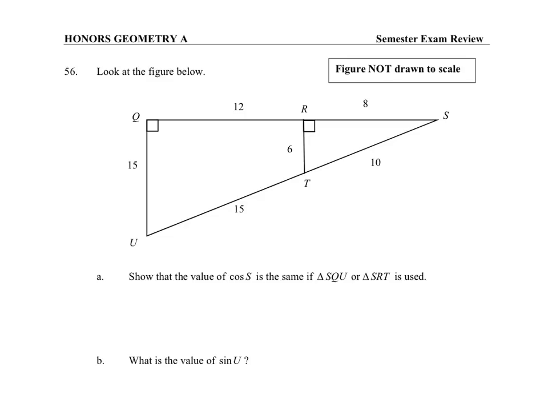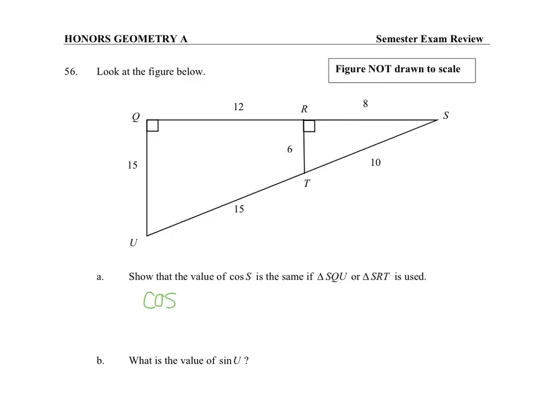56. Look at the figure below. We need to show that the value of cosine of S, so S is right here, is the same if I was looking at triangle SQU, so looking at this big triangle, or if I use triangle SRT.